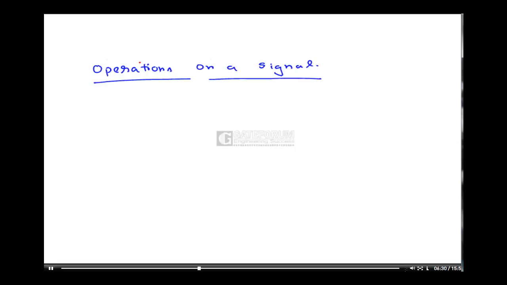Now we will see the operations which we can do on a signal. There are two parameters to vary in a signal in the time domain. First is the amplitude parameter. Second one is the time parameter.